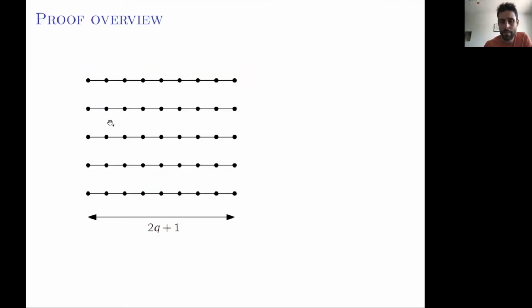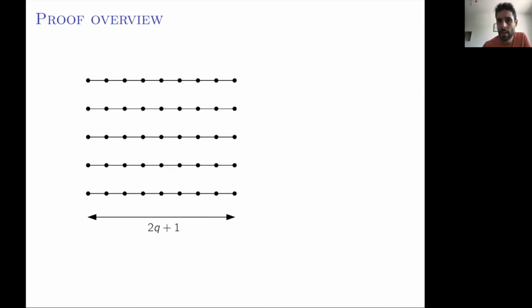The way we do that: Q is fixed, and we take a maximal family of vertex disjoint induced paths of length 2Q plus 1. They're vertex disjoint, and maximal in the sense that you cannot add one more path on 2Q plus 1 vertices that would be disjoint from the others.